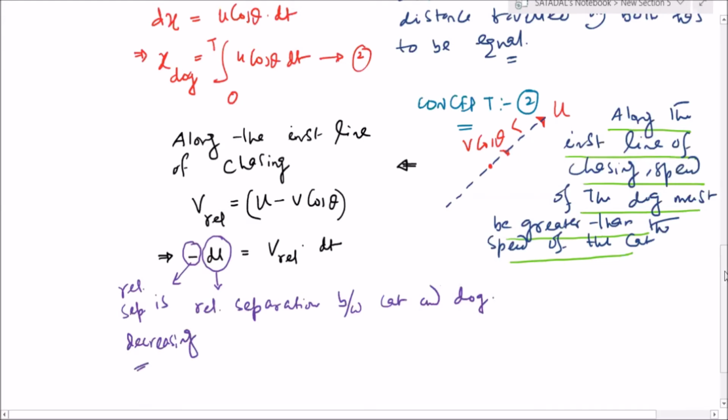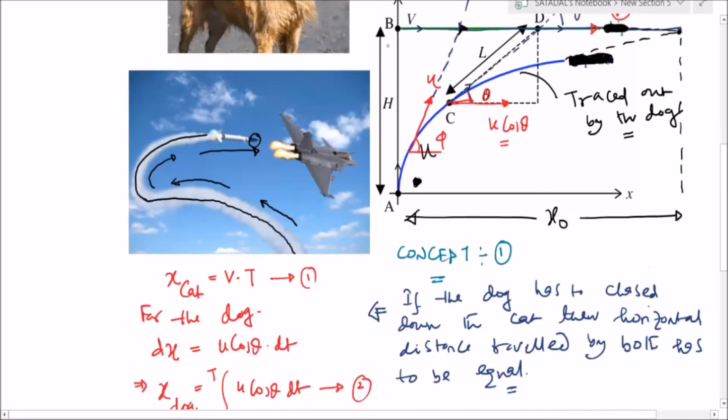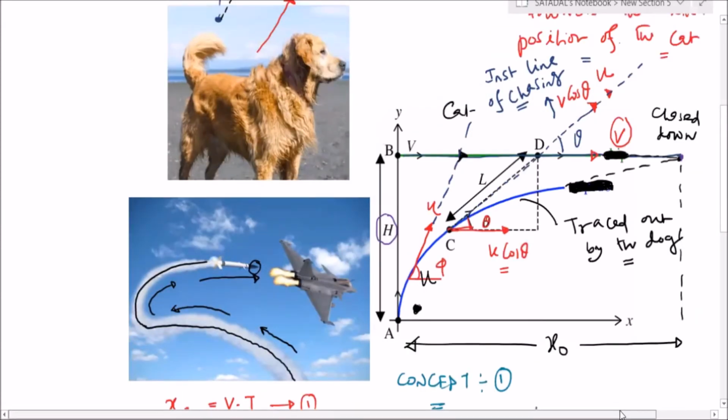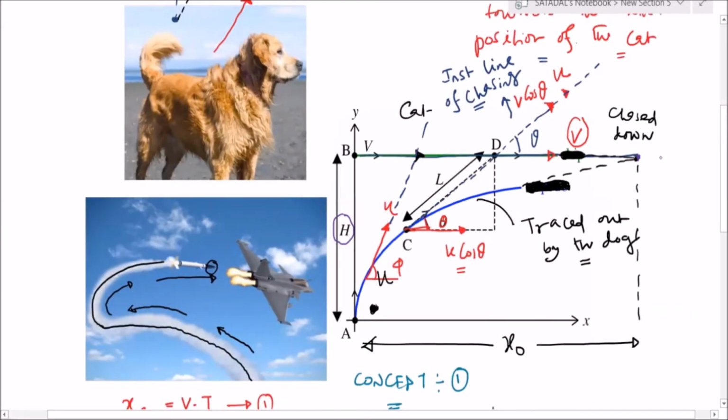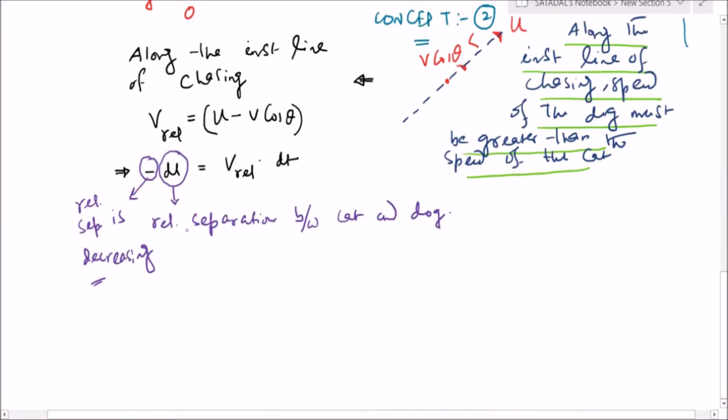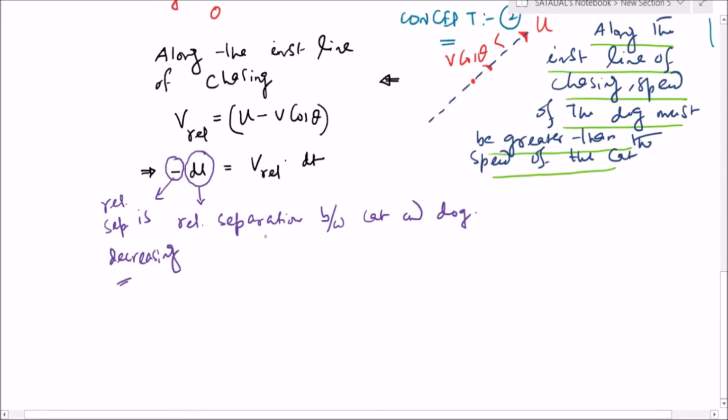How? Go back to the diagram. How much is it initially? H. What is the final separation here? 0. So the separation is equal to 0. So I am again repeating that dl is the relative separation between the cat and the dog, and the negative sign is coming because the relative separation is decreasing. Okay?